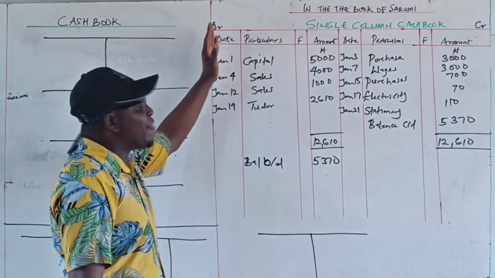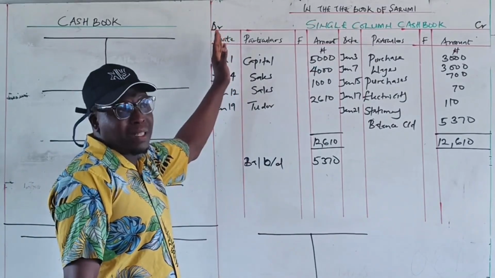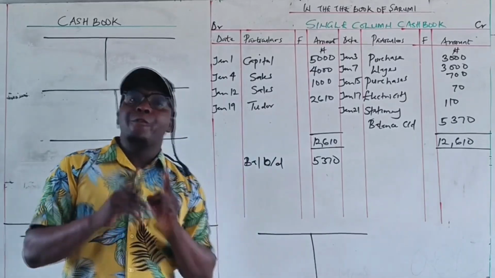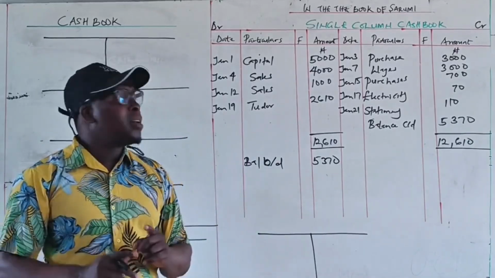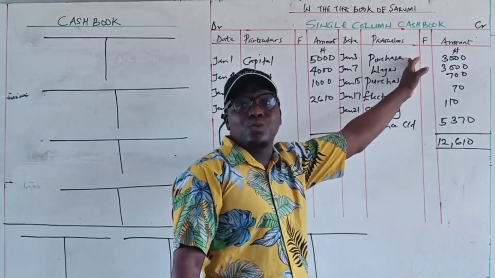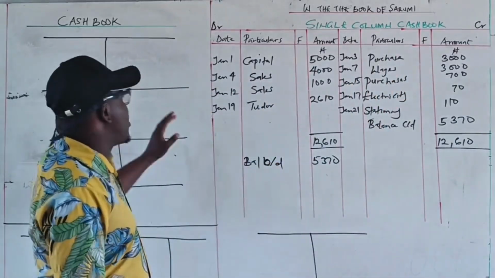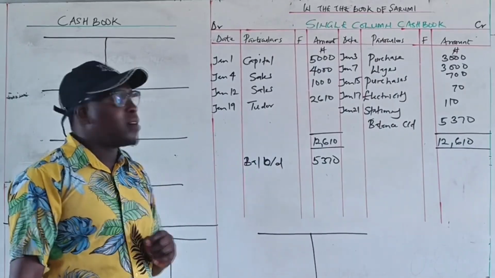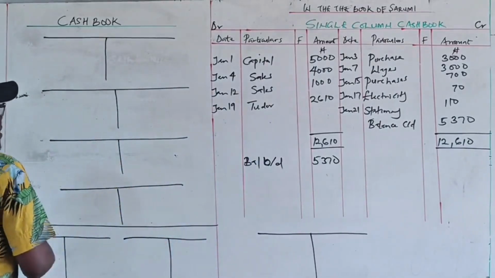So items on the debit side of your cash book will be posted to the credit side of your respective ledger, while items on the credit side of your cash book will be posted to the debit side of your ledger account. So let's start with capital account.